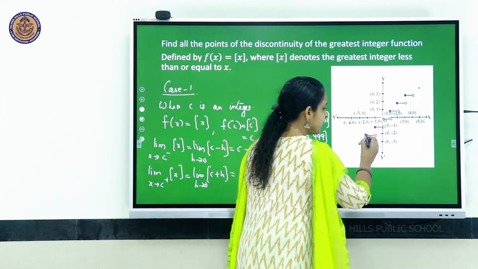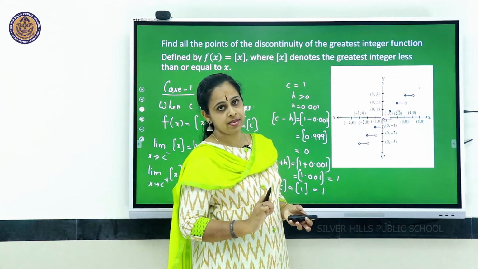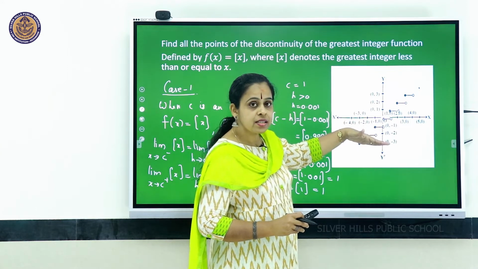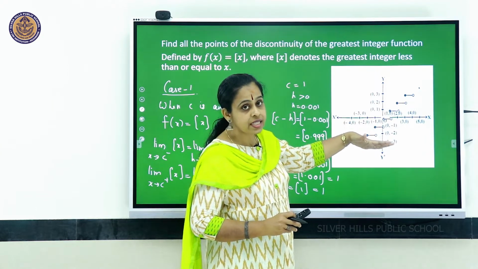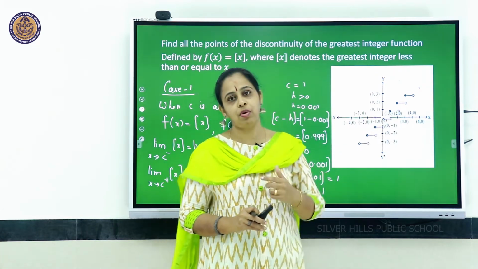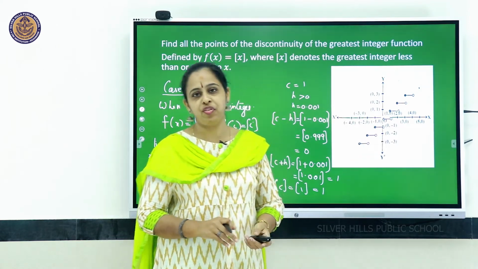We can draw it continuously without lifting the pen between integers. Yes, so the function is continuous at non-integral points and discontinuous at integral points. We can see it looks like steps, so it is also called a step function.